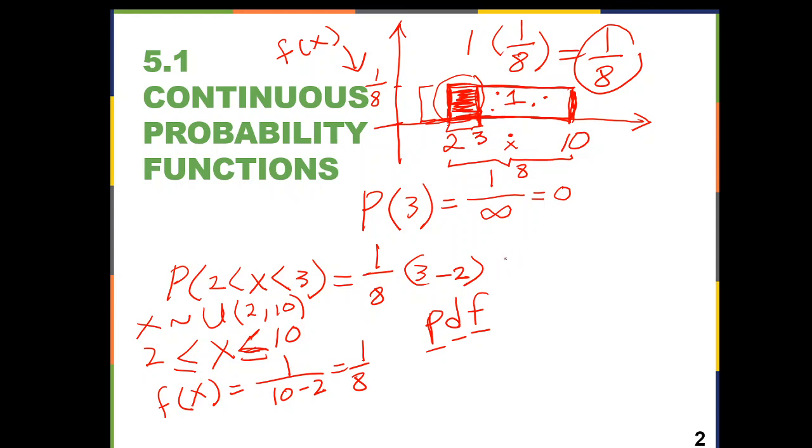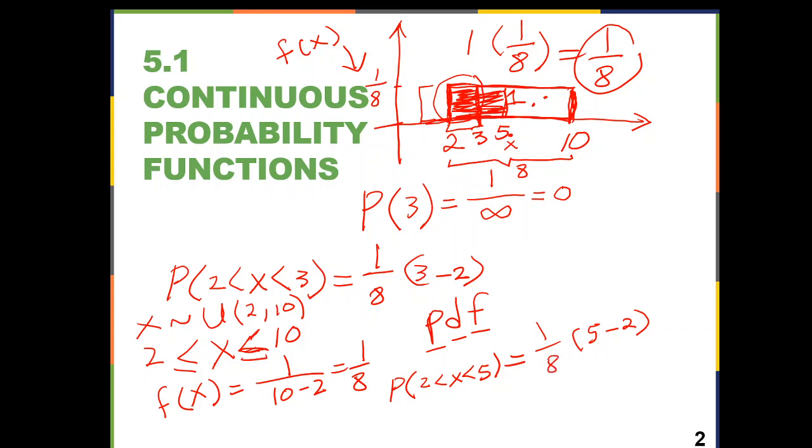So if I want to find the probability that x is between 2 and 5, let's make it 5 here, what I have to do is just take the distance between 5 and 2, which is 5 minus 2, and then multiply by 1 over 8.